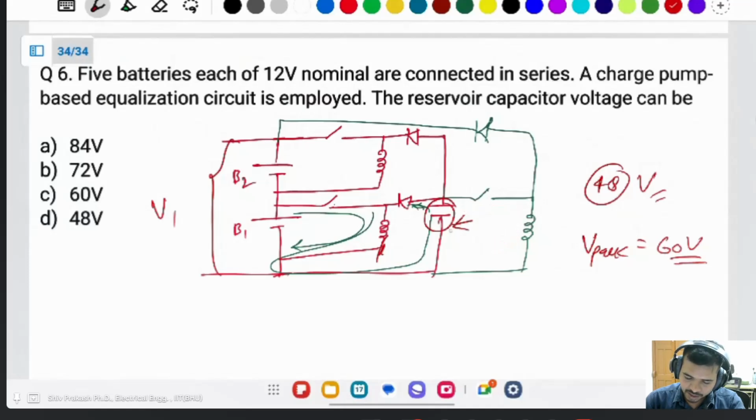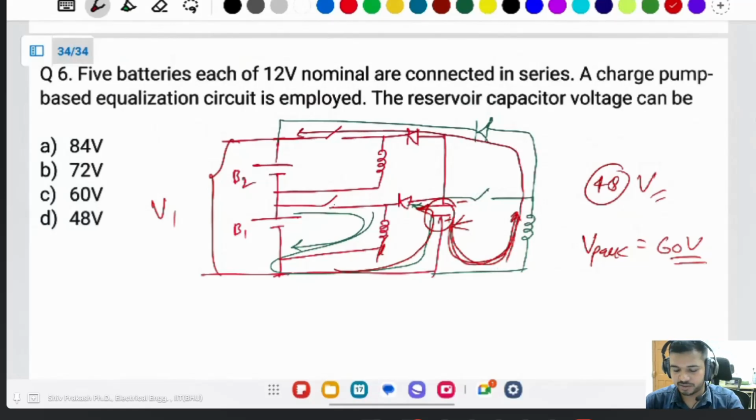This will be charged like that, because the current is flowing to charge the capacitor, positive, negative. This will discharge through the inductor. Then if the switch is off, this inductor transfers the energy to here, like a boost converter. Then this capacitor voltage should be lower than the spike voltage.